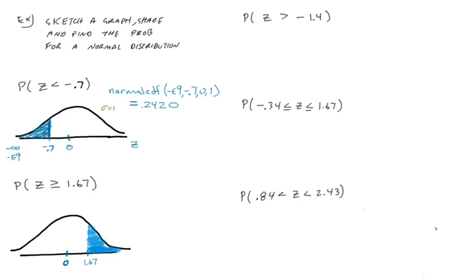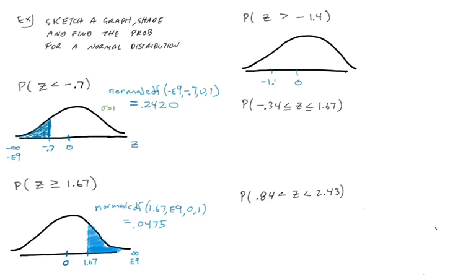So we're not really going to worry whenever we have a less than symbol or less than or equals to. It makes a big difference for discrete values like a binomial. So in this case, when we do our normal CDF, our low value is 1.67, and then our high value is going to be this kind of positive infinity. And then 0, 1 for our mean and standard deviation, and we get 0.0475.